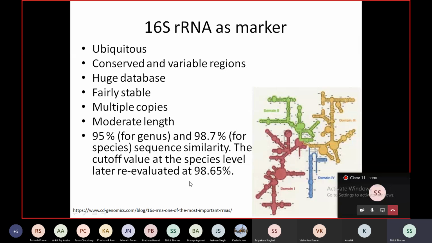And here the cutoff is there has to be 95% match for genus level identification and 98.7% match for species sequence similarity. So if you get that kind of a similarity, you can assign it to a phylogenetic taxon. But the cutoff value has been re-evaluated, and for species it has changed to 98.65. I mean, this is open to further changes as well.